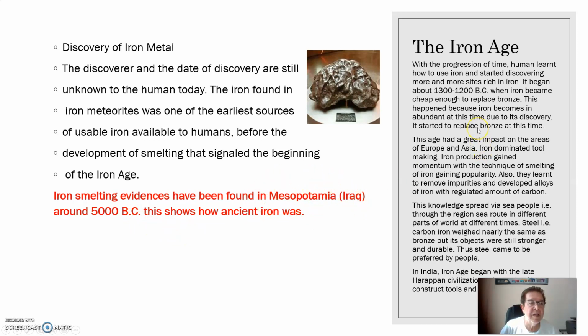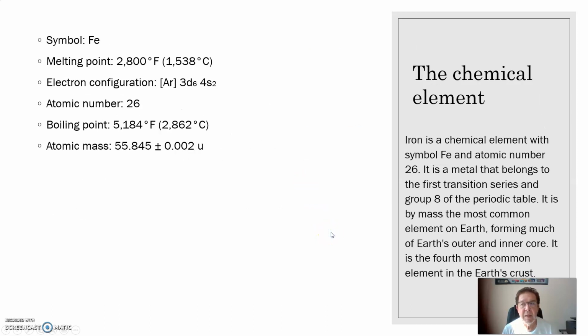And it changed the history of man a lot, because before, bronze was used, but in Europe and Asia, iron dominated the tool making and was very important because it changed all the history of man.